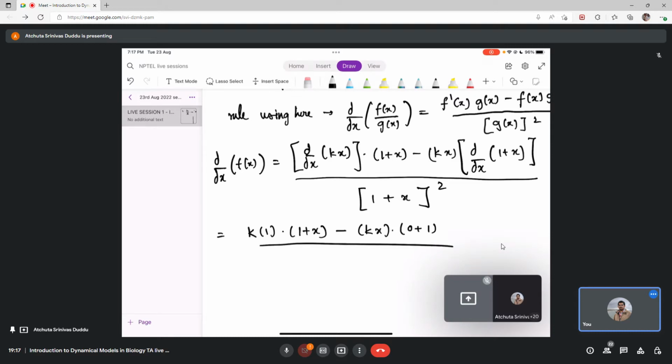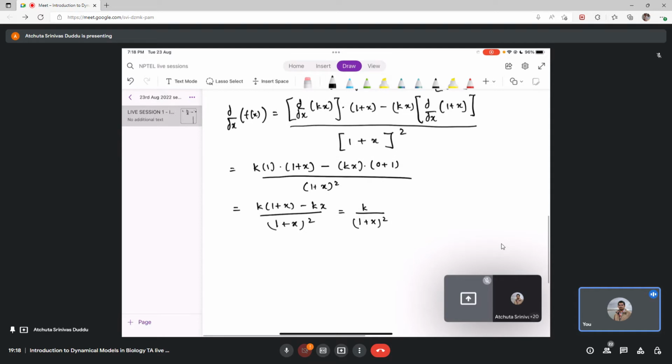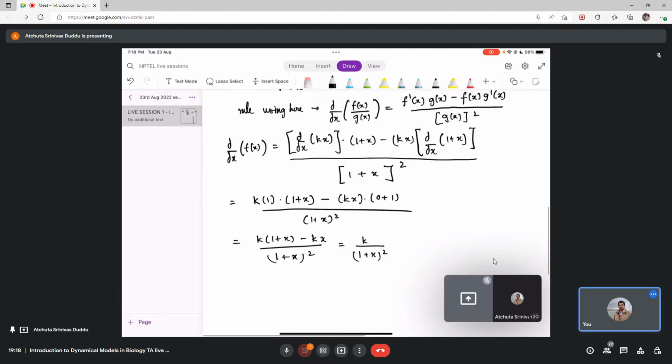The whole divided by 1 plus x whole square, which would be k into 1 plus x minus kx by 1 plus x whole square, which would be k by 1 plus x whole square, since plus kx and minus kx get cancelled, right? This is the first question, which is essentially differentiation. If you have any doubts in these or in the concept of differentiation, you can ask me now. I'll just wait for a minute.